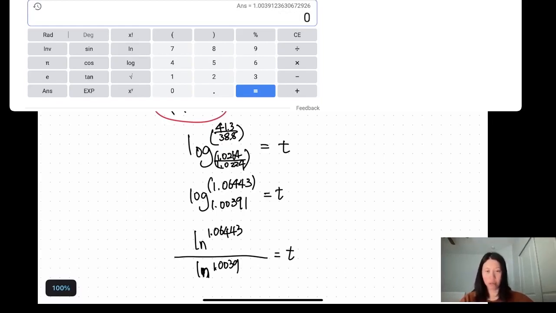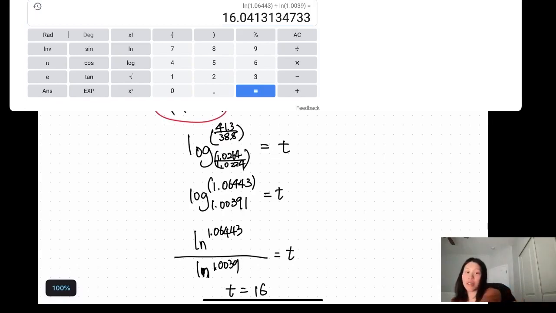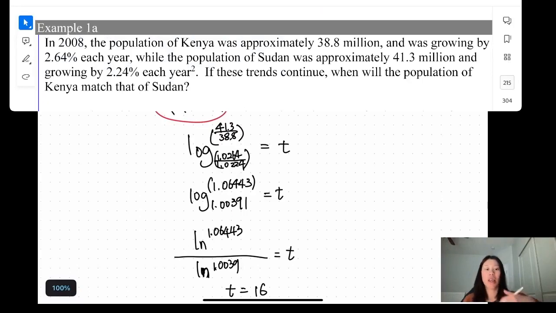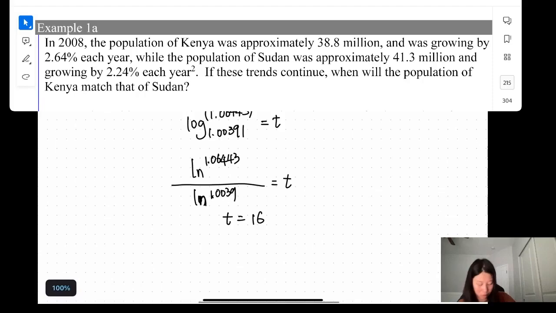Natural log 1.06443 divided by another natural log 1.00039. So this gives you the time, 16 years. Approximately, after 16 years, the population of Kenya will match the population of Sudan.